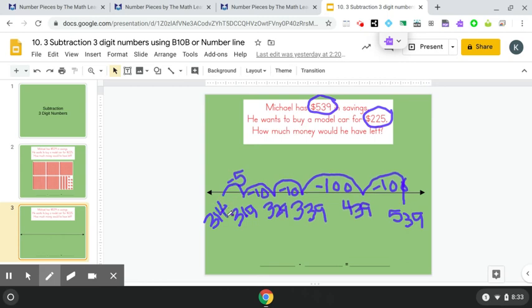And again, when I take a look at my number sentence, remember when we're doing subtraction, you start with the total, you take away a part, and you end up with the remaining part. And our total in this problem was 539. That's how much savings Michael had. Then he spent $225.